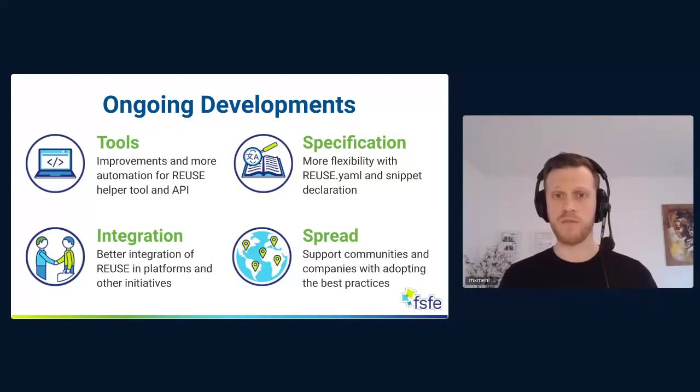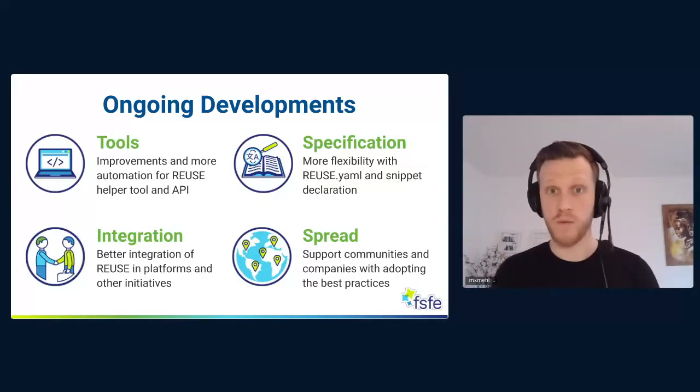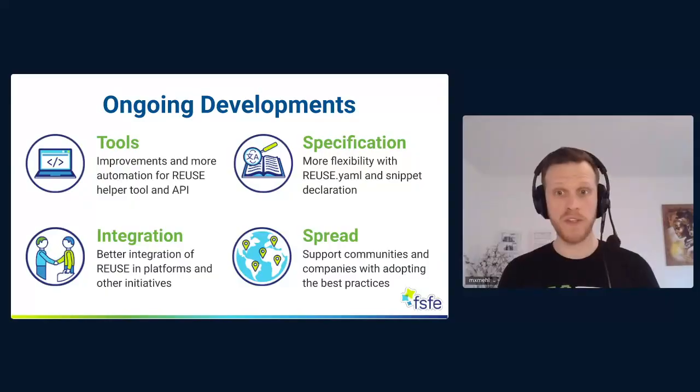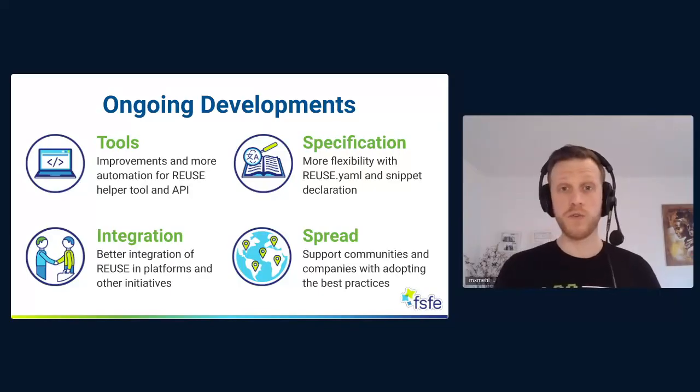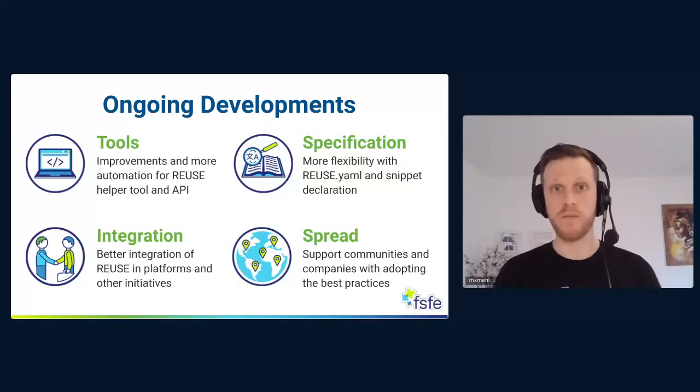And of course, what I'm doing right now here, spreading the word. So we want to support communities and also companies with adopting the best practices. Because that's important. The more projects, the more people, the more actors stand behind reuse and make their projects reuse compliant, the easier it is to use and reuse free software, and the more ambiguity we erase.